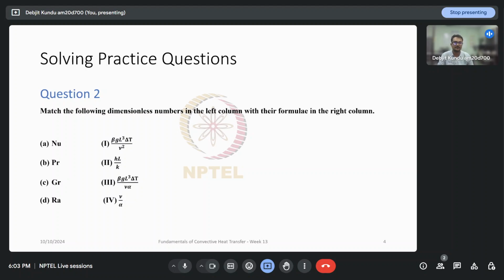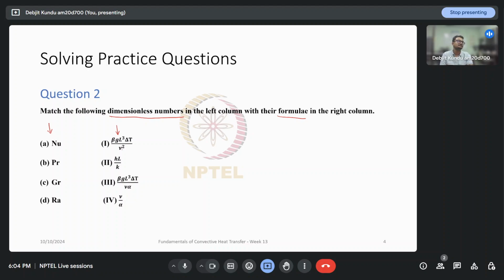It's a match the following type of question. We have dimensionless numbers which we came across in the left hand column and their formula in the right hand column. All the symbols mean the general things which we typically use.